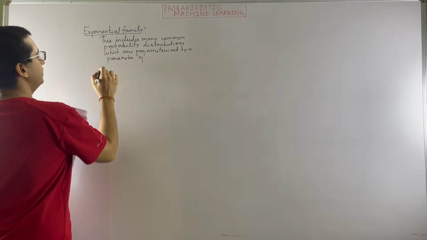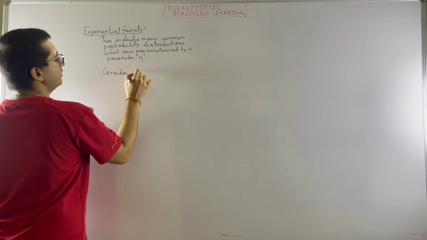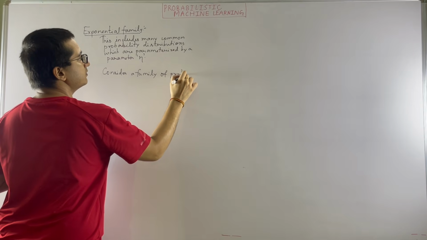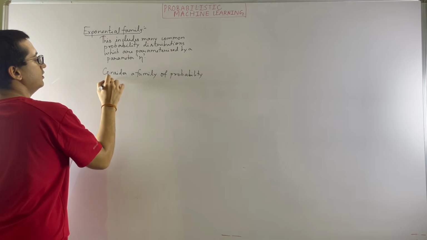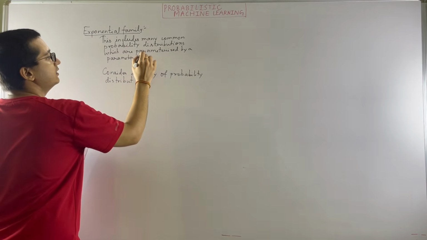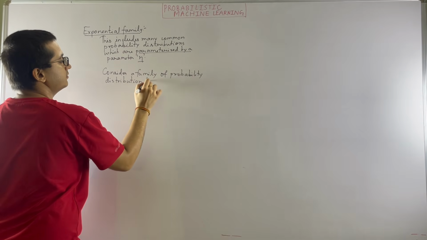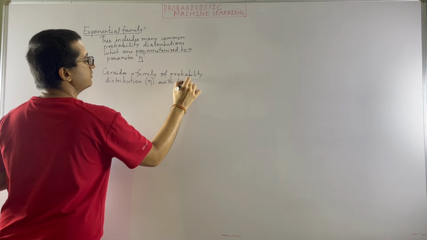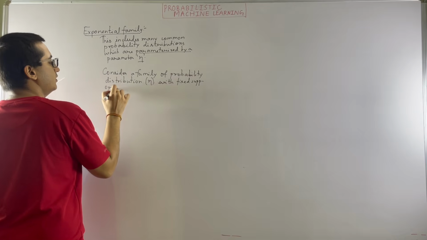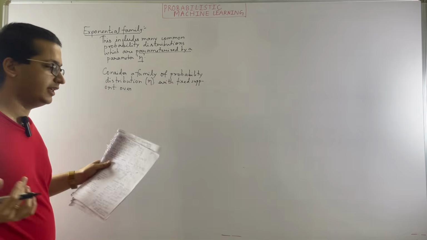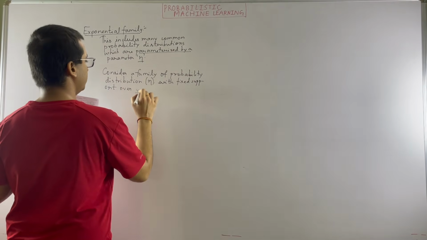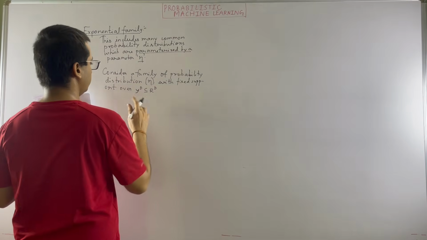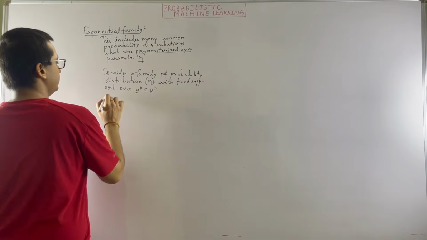So how we write it is, let us say that I consider a family of probability distributions, parameterized by eta, with fixed support over a d-dimensional vector. So my output y is basically a d-dimensional vector. So with fixed support over this, basically this is written in this form.